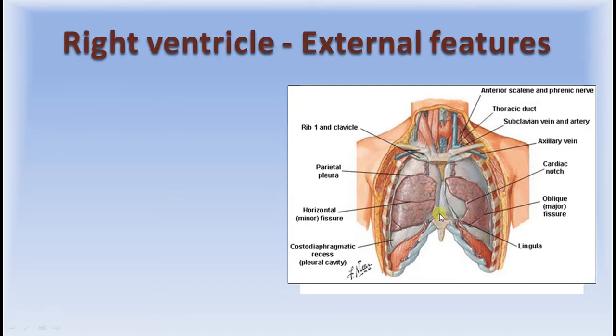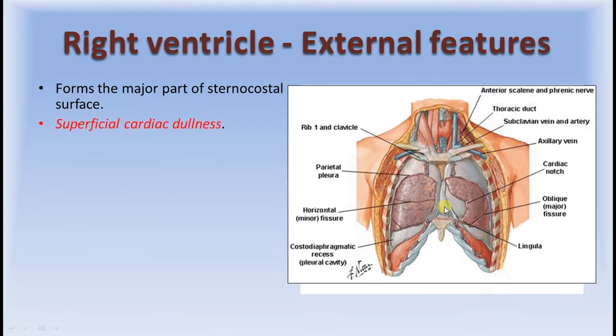That part we call the cardiac dullness. With respect to the external features of the heart, the right ventricle contributes 2/3 of the sternocostal surface and 1/3 of the diaphragmatic surface and the inferior border of the heart.